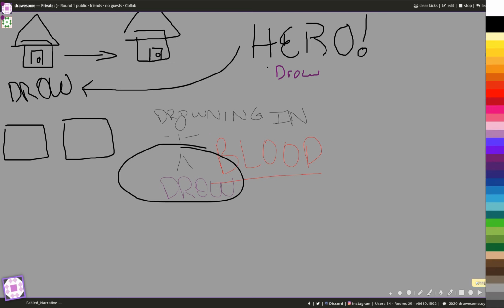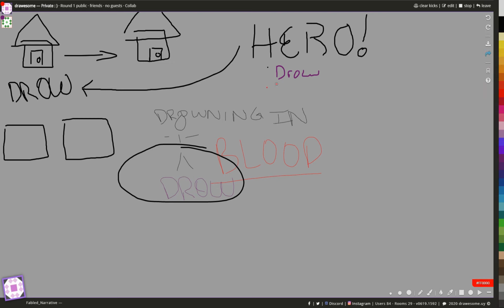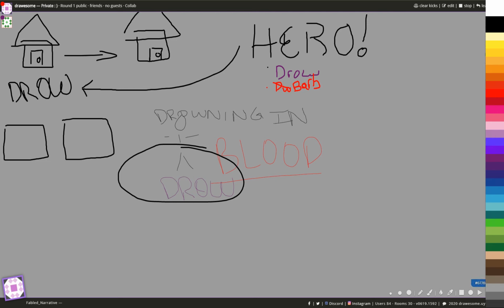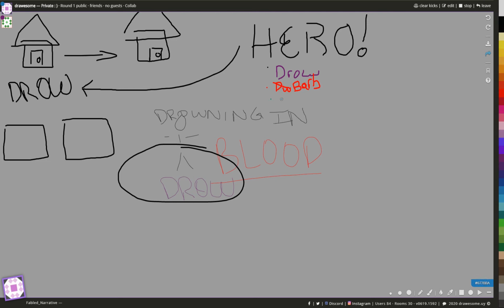So we have a drow. Well, if we're going to go with species, a dwarf. No, a berserker. No, what are they called? Not berserker. Berserker is a class. A barbarian. So we have a barbarian. What's a blue one?